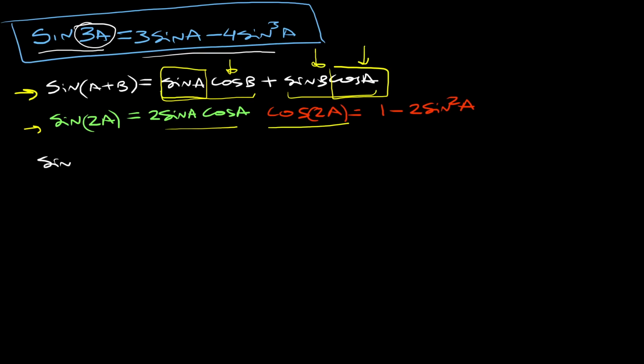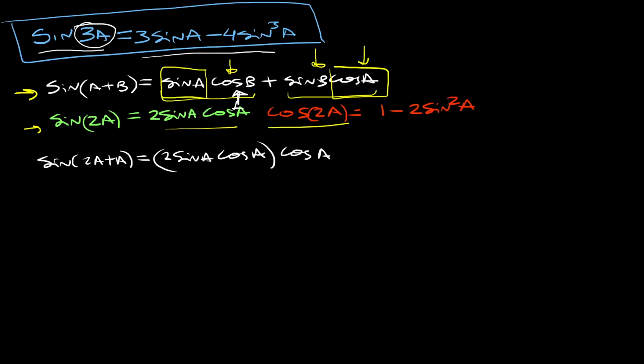So the sine of 2a plus a is equal to, now we're going to substitute it back, 2 sine a cosine a times this one. And because right now we don't have any b's anymore, it's a. So it's cosine a.